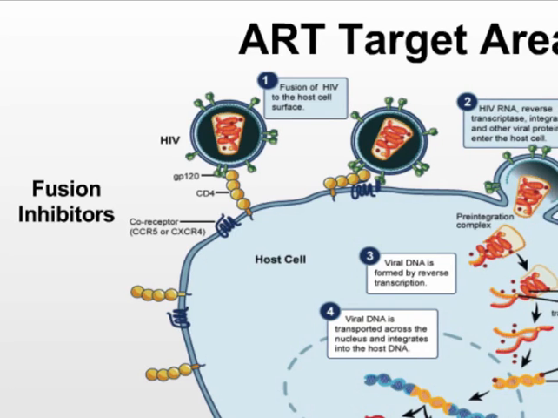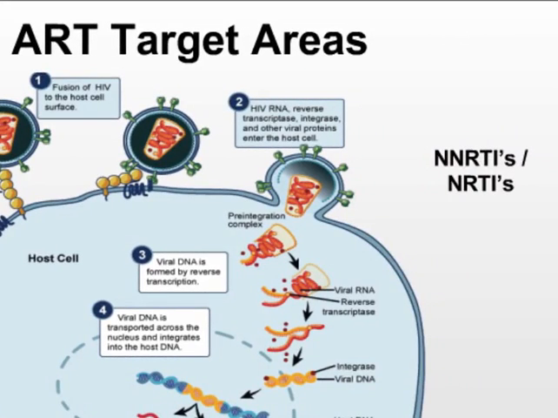The second step is that the HIV capsule opens, kind of like the spaceship analogy again, and this capsule comes into the cell. And the interesting thing about the HIV virus is it's a retrovirus. You've probably heard that. Retro means it goes backwards. So instead of your DNA to RNA, it actually goes RNA to DNA.